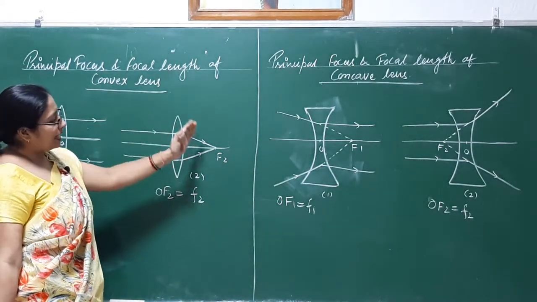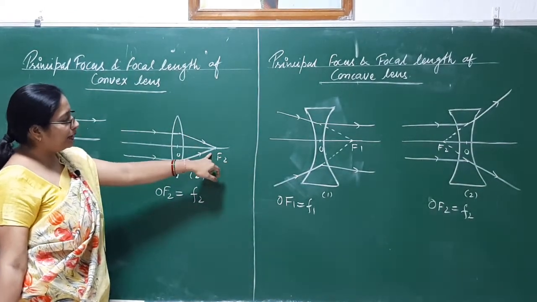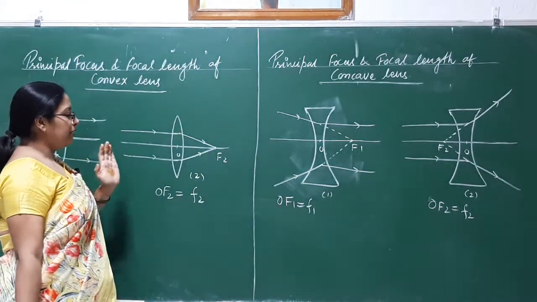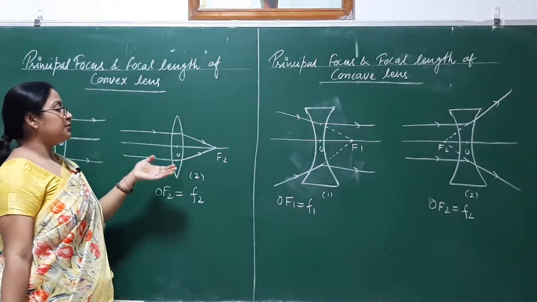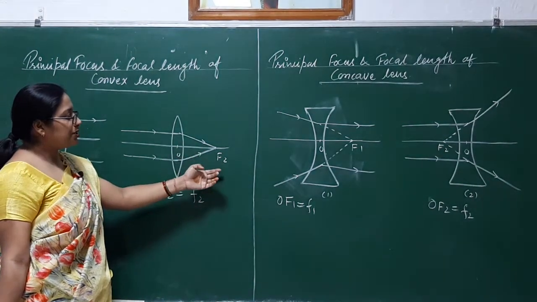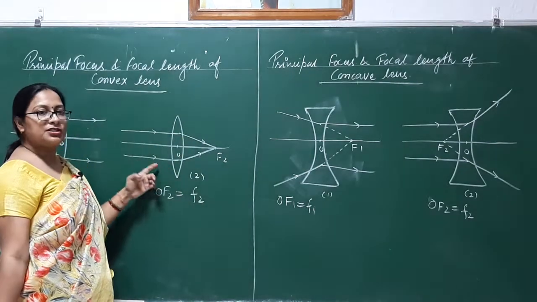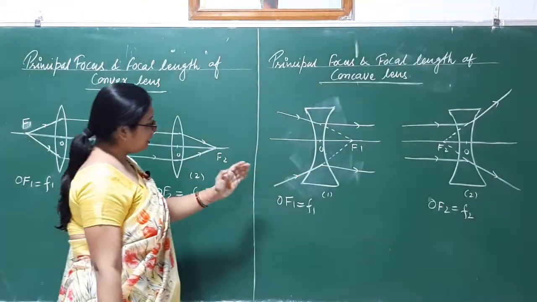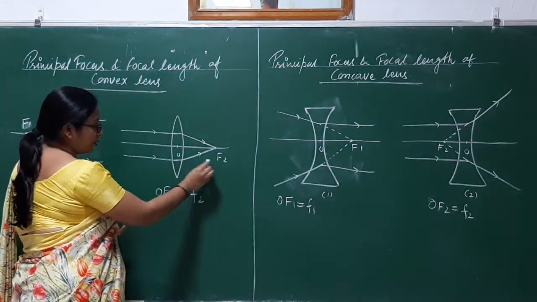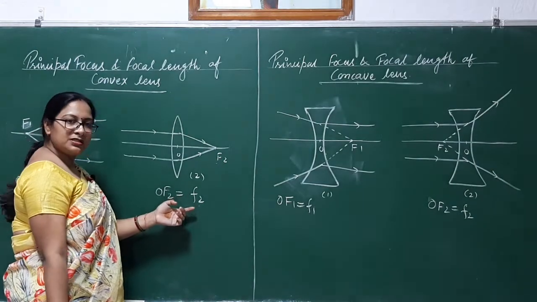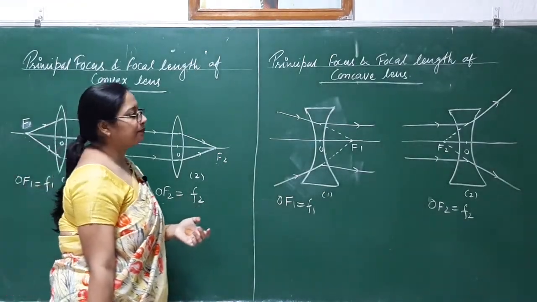So after refraction it will converge all the rays at one point, and this point is called the focus, the second principal focus. So how will you define this? The second principal focus of a convex lens is the position of image for which the object is at infinity, okay children. Here also the distance OF2 is equal to small f2, which is the second focal length of the lens.